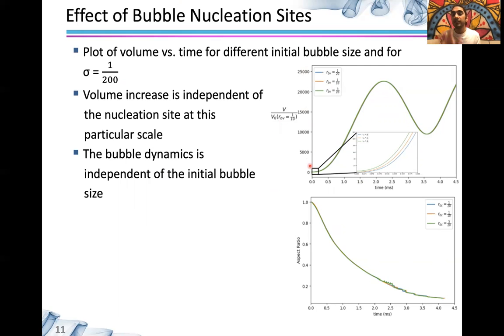So here, the difference from the previous volume versus time plot was that the volume is now not in a log plot. And we observe that we get the same volumetric growth independent of the initial conditions that we choose. We also observe that the aspect ratio is also the same for the three cases that we looked at.